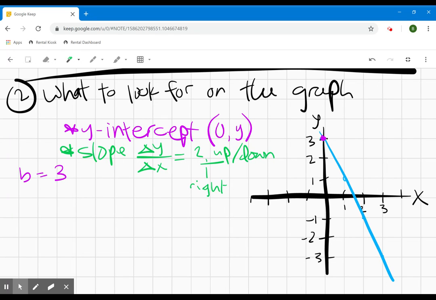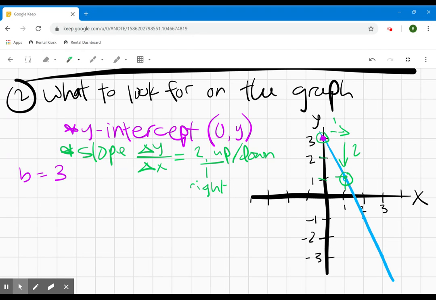Okay, so our slope in this case, if we're going from this point right here to, let's say, this point because it intersects with lines nicely. So we are going right 1 unit right, and for every 1 unit right, we are going down 2 units, right? So we're going from 3 to 2 to 1.